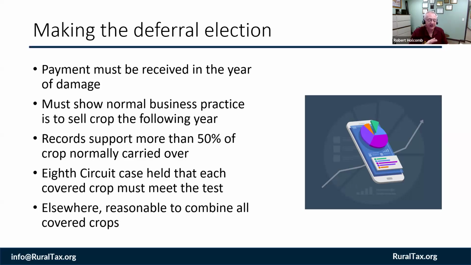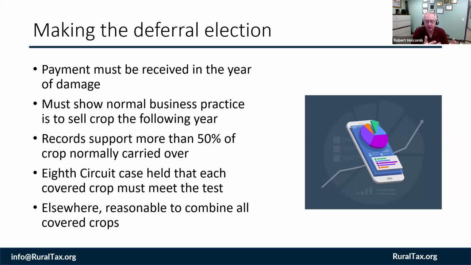Now, we've got some different rules that we need to pay attention to in this regard. There's an Eighth Circuit court case. It's the second bullet from the bottom that talks about this, and that's where we get a lot of our authority. For folks in the Eighth Circuit, we pretty much have to abide by these rules.